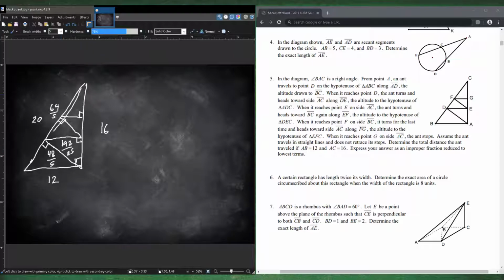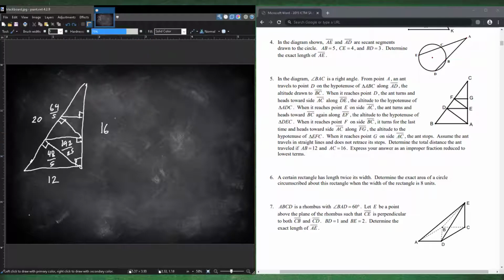Because we have this triangle and this triangle, our two side lengths are these two that we can compare. So 192 divided by 25, and then we divide by 12, and that should give us our scaling factor. 192 divided by 12 is 16, so 16 over 25 is our scaling factor.